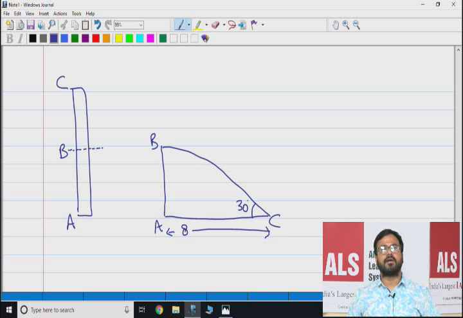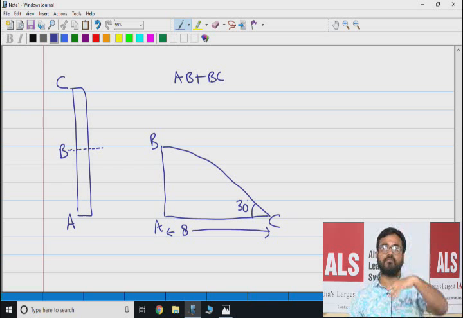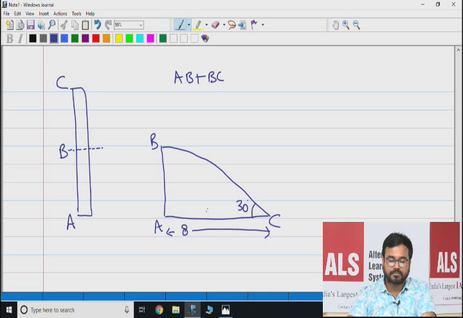Now we have to find the complete height of the tree. The height of the tree is nothing but AB plus BC, because that is the original height of the tree when it was in the straight position. In this triangle, first of all, I am applying tan of 30 degree to find the perpendicular.